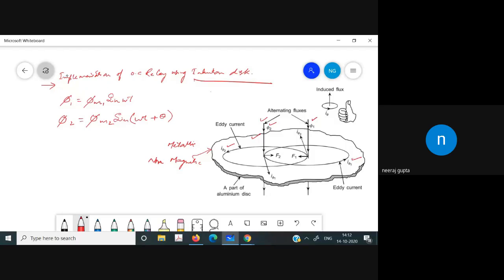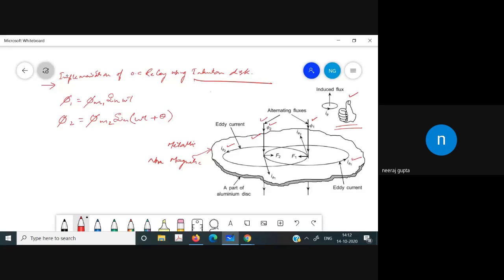The direction of the eddy current is found by using the corkscrew rule. If the flux direction is this, then the current direction is this. Since this is the induced current due to the flux phi1 and phi2, the direction is opposite.